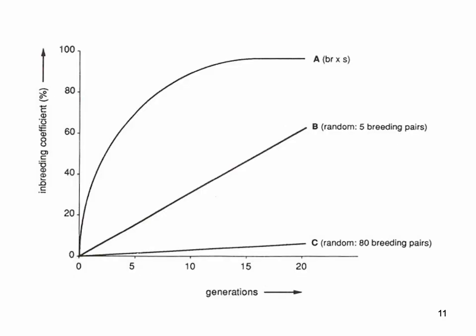You can see 1 up to 20 generations, and the increase of the F value, the increase of inbreeding per generation, which depends upon the relationship between the individual partners of the breeding pairs. In other words, it depends upon the consanguinity.